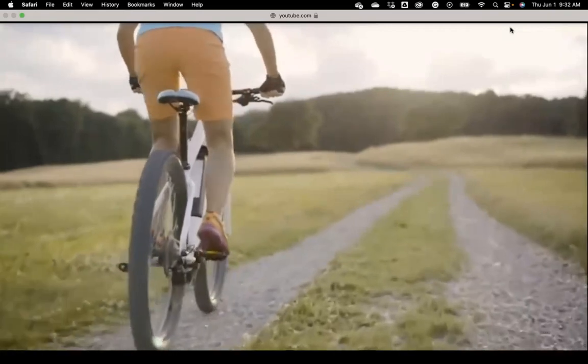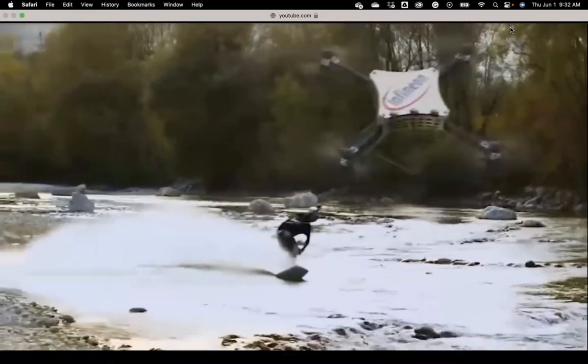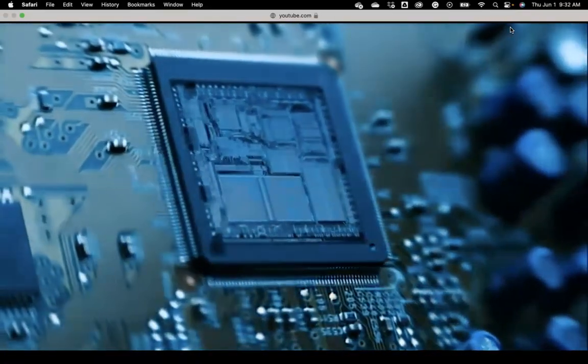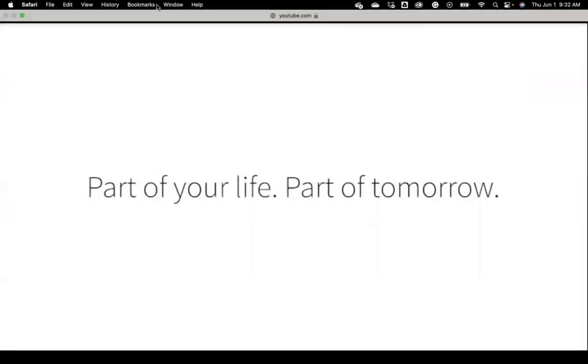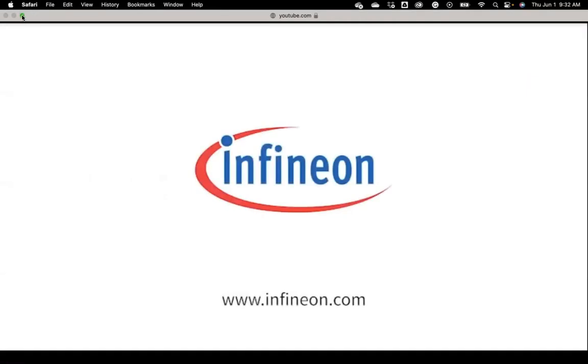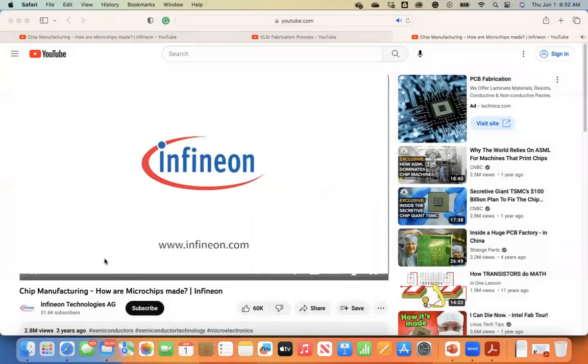For technology that achieves more, consumes less, and is available to everyone. Microelectronics is the key to a better future. Part of your life, part of tomorrow. Infineon.